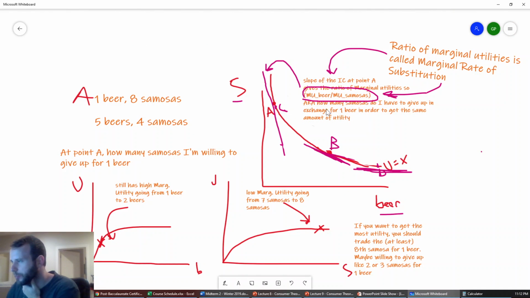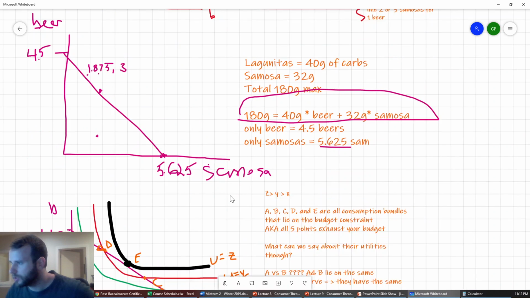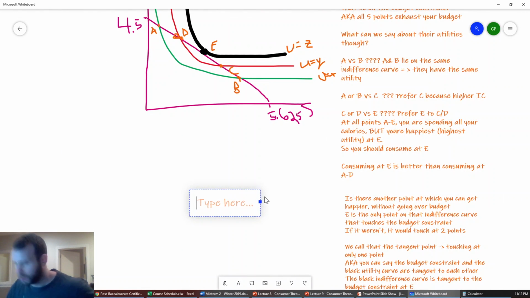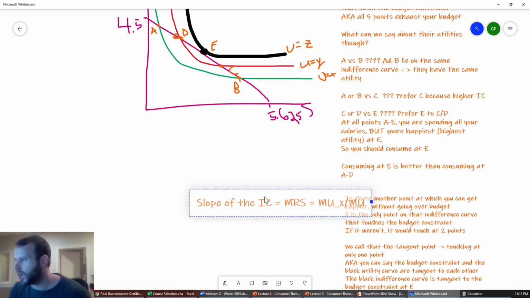I messed up the formula and had it upside down, but the slope of the IC is equal to the marginal rate of substitution, which is MUX divided by MUY.